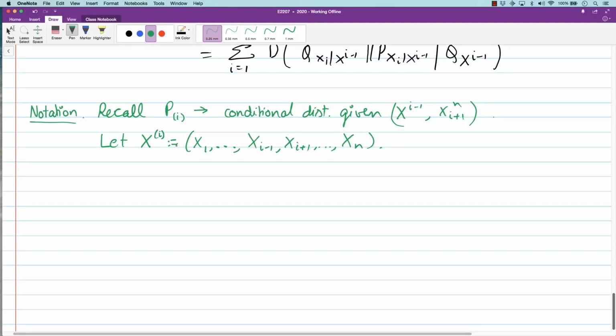So this is the notation, x superscript i, superscript because this is a vector and it's everything but the ith guy. Just like these notations, this i minus 1 was everything up to i minus 1. This one is everything starting from i plus 1 to n. And this is everything but the ith. So with this notation, here is a lemma. And I'll call this the entropy tensorization lemma.